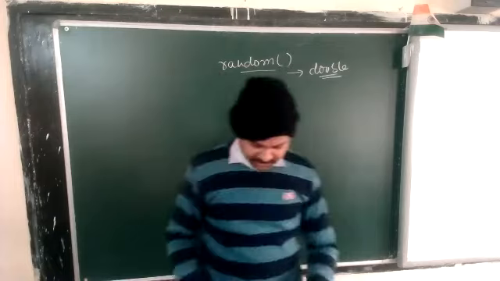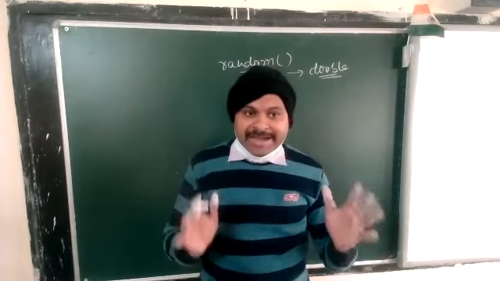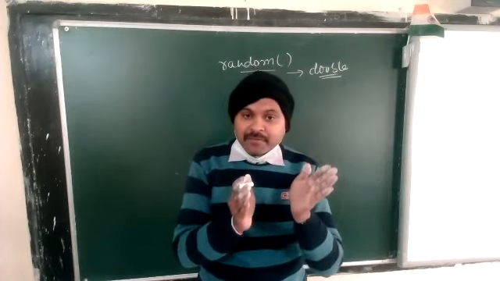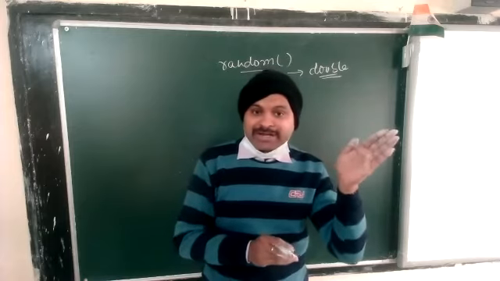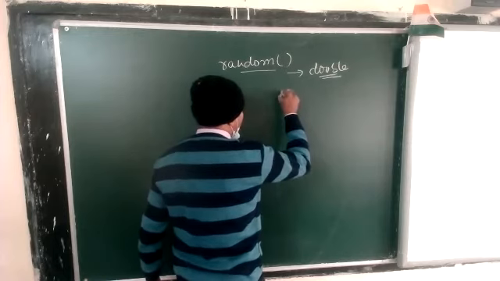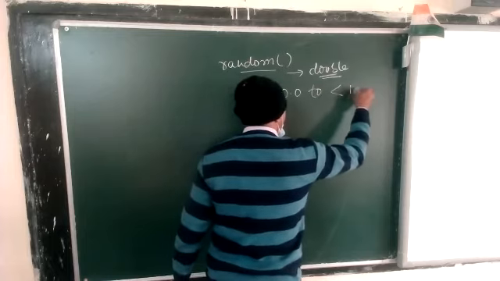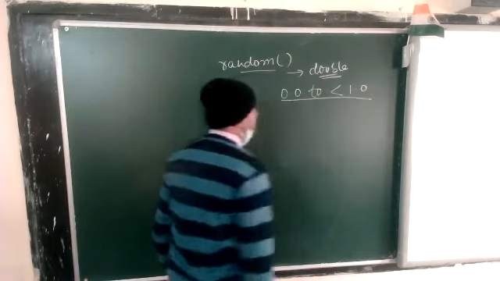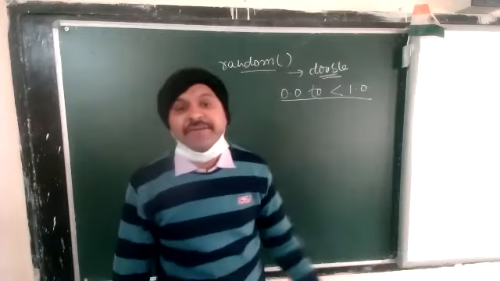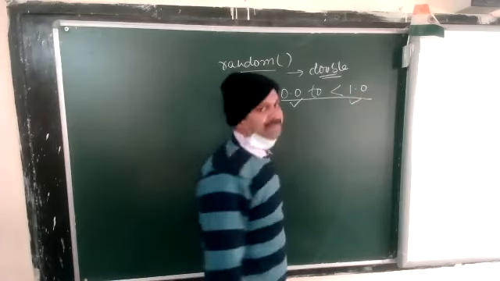The random function generates values from 0.0 up to, but less than, 1.0. Every time you use the random function, you will get a different value in the range of 0.0 to 1.0.